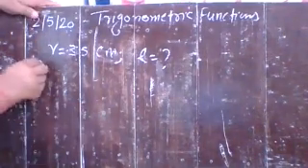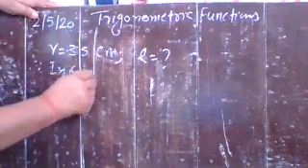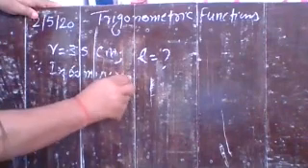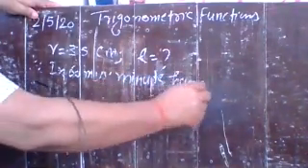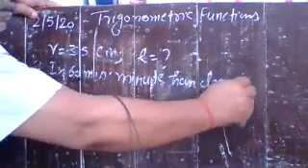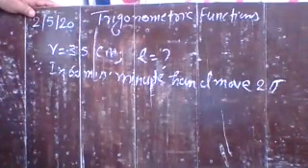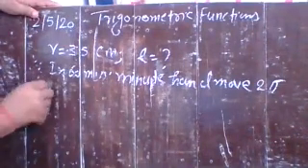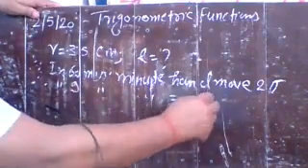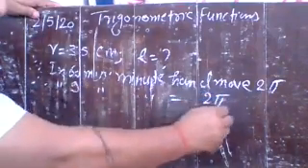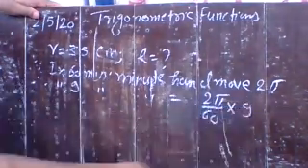So note it. Since in 60 minutes the minute hand moves 2 pi radian, in 9 minutes that will be 2 pi upon 60 into 9.